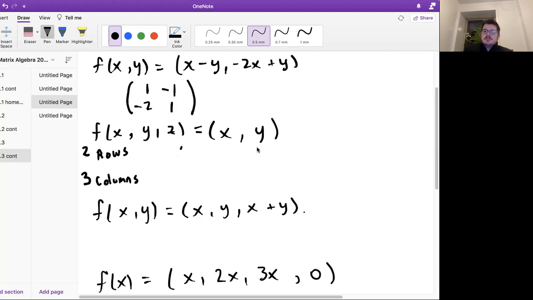So if there are 3 columns and 2 rows, what would our first row be? Remember, the first row is the coefficients of the variables in the first coordinate. Well, there's one x, I agree with that, but is there a y in the first coordinate? So 1, 0, 0. And what would your second row be?